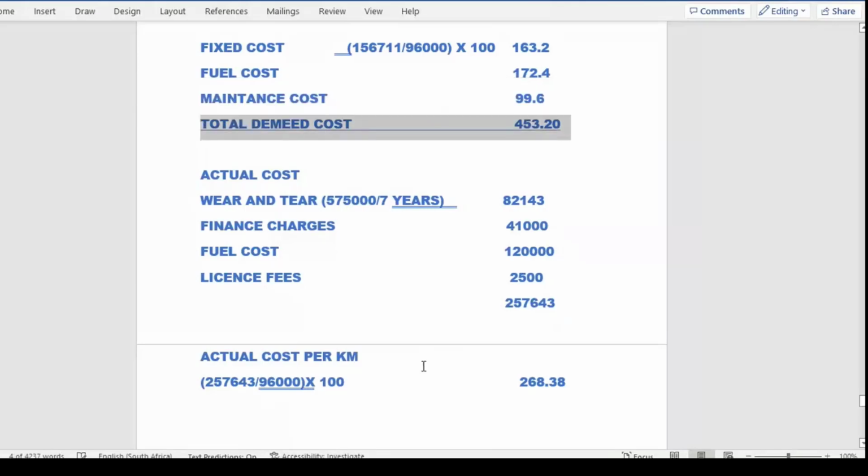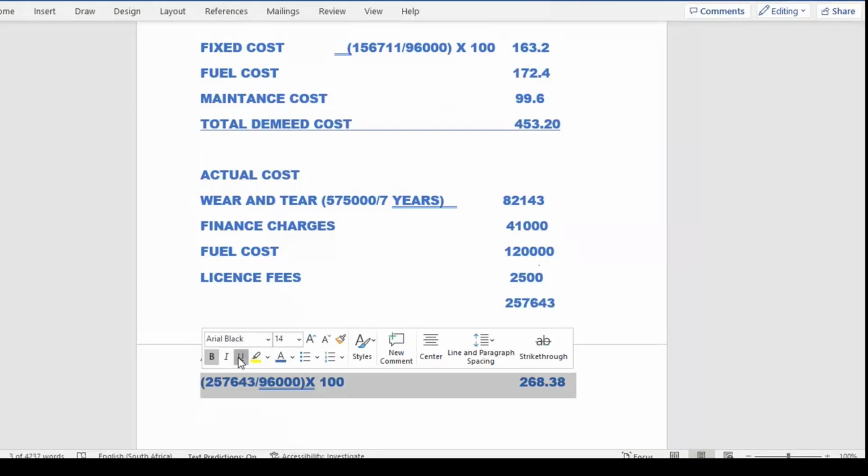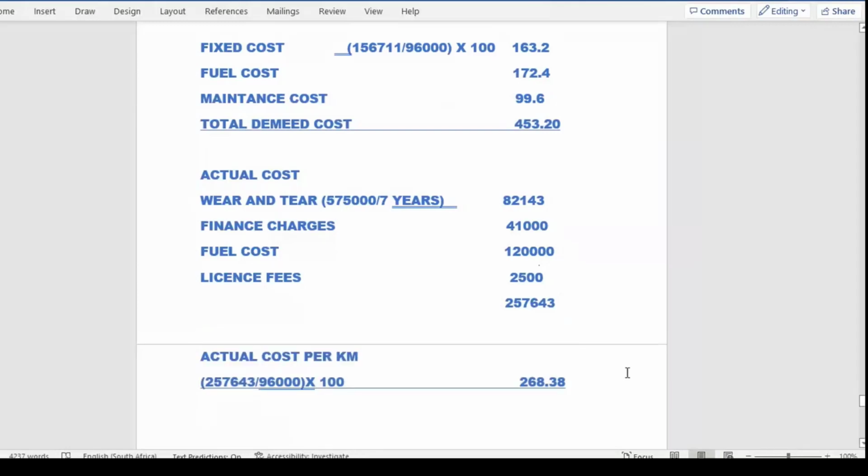So when you look at this, you definitely see that the actual cost is actually lower than the deemed cost, right? Let me highlight this quickly. So our actual cost is standing at 268.38, and then our deemed cost is standing at 435.20.